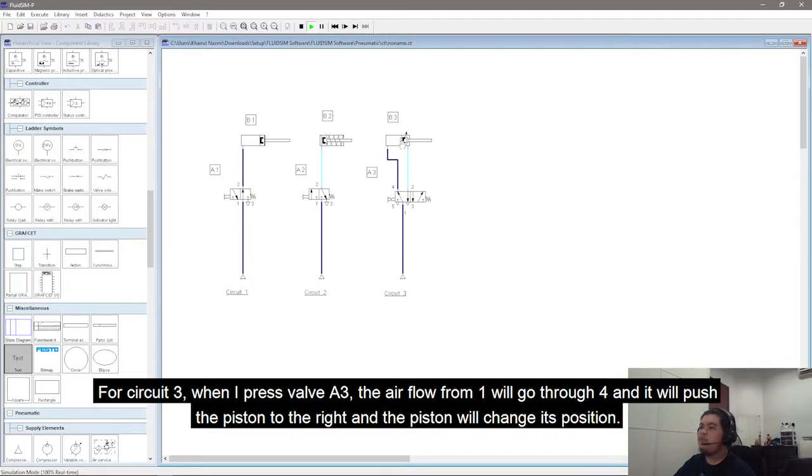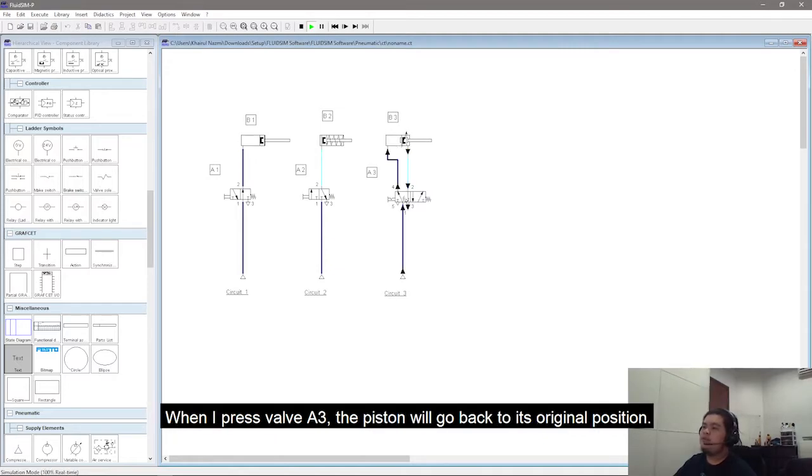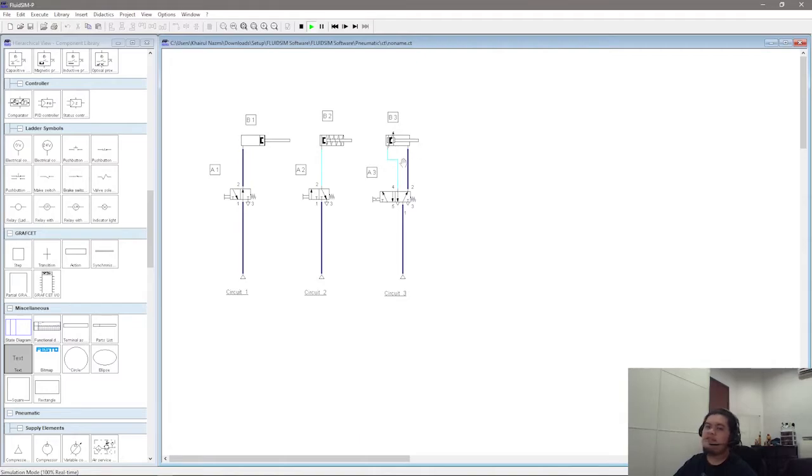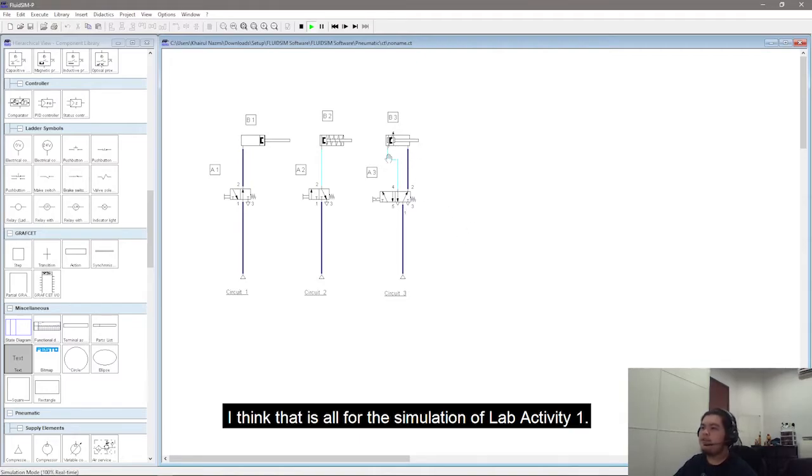Then it will push the piston to the right and the piston will change its position. So when I push here, the piston will change its position. When I press it back, it will be at its original position. So I think that is all for the simulation for lab activity 1.